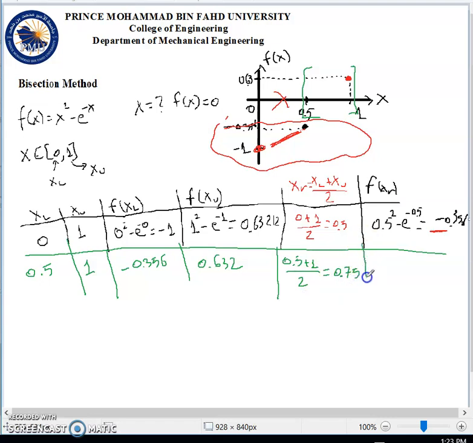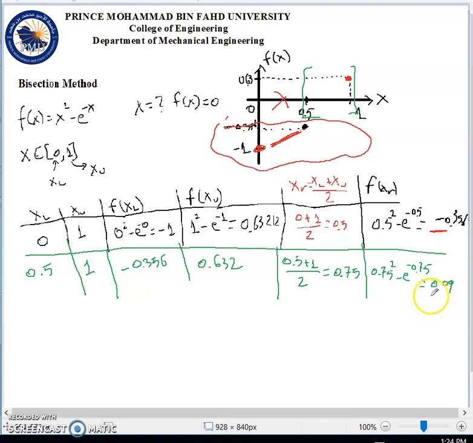Now the next step is to find the value of the function at this 0.75 location. Like we did before, we'll have 0.75 squared minus e to the minus 0.75, and this will equal 0.09.